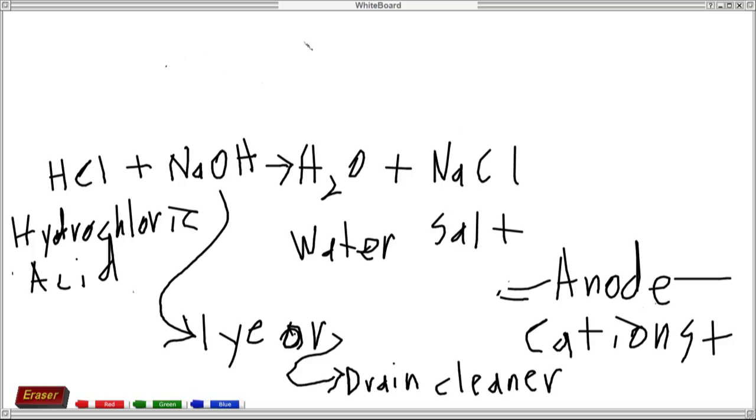Salt water, otherwise known as brine, or saline.